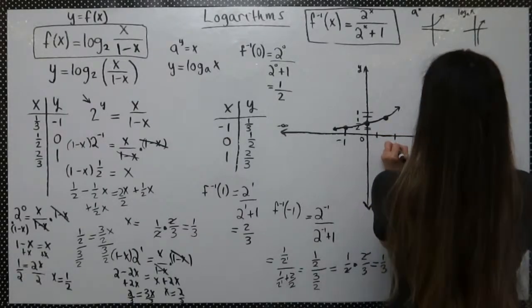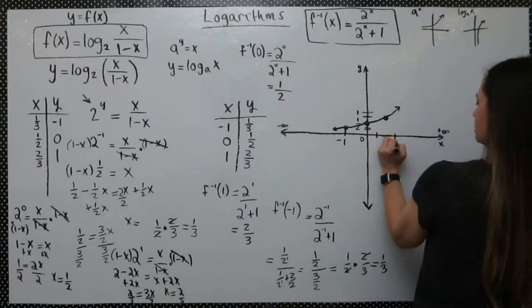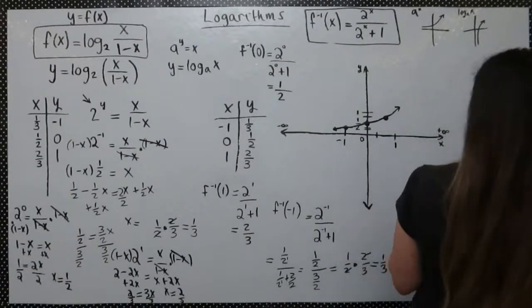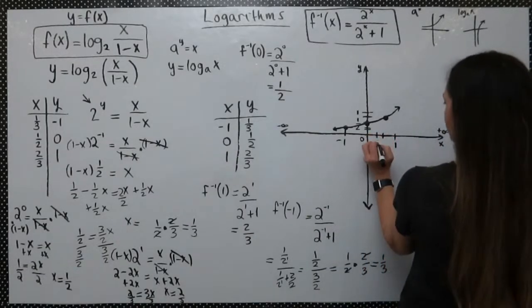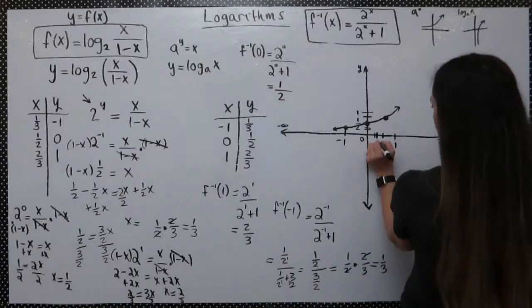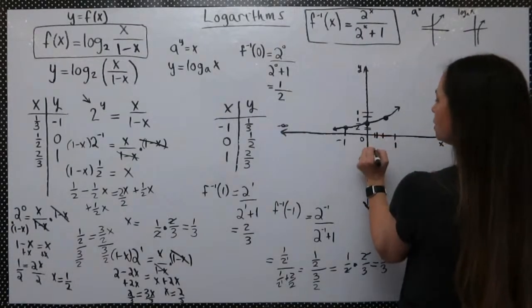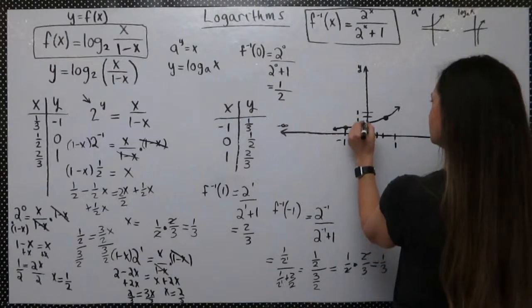So we'll say that's 1. That looks better, I think. Okay. So we'll say that's 1/2, and so then maybe that's 1/3, because that would be 1/4. So yeah, so this would be 1/3. When x is 1/3, y is -1.